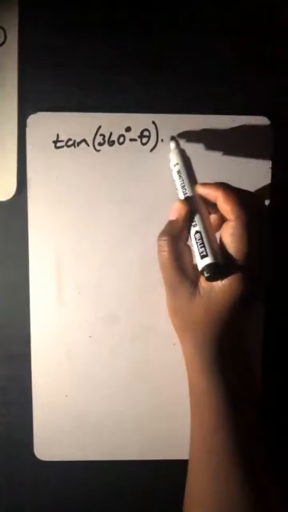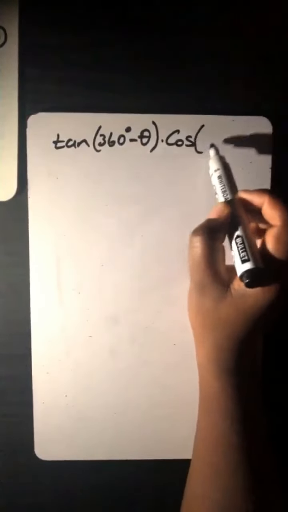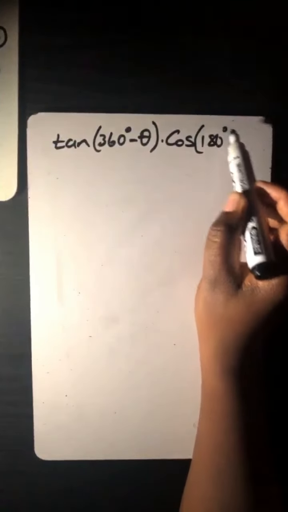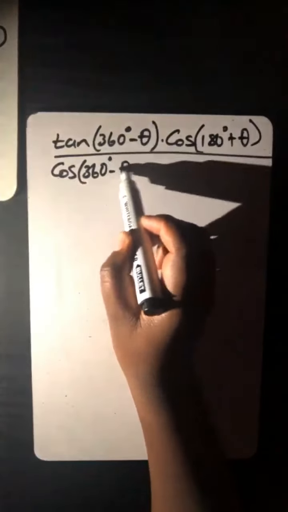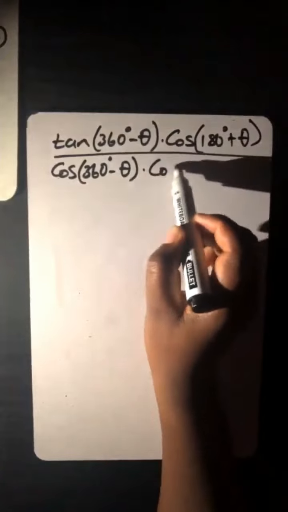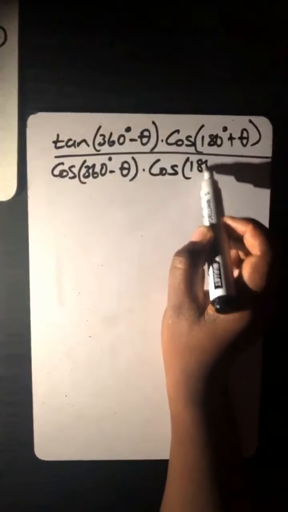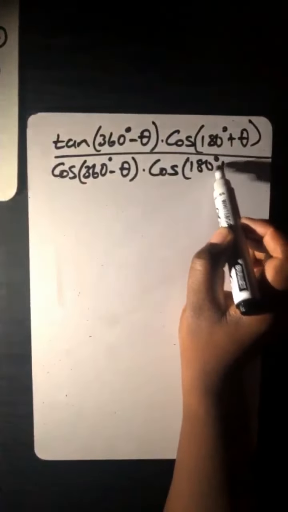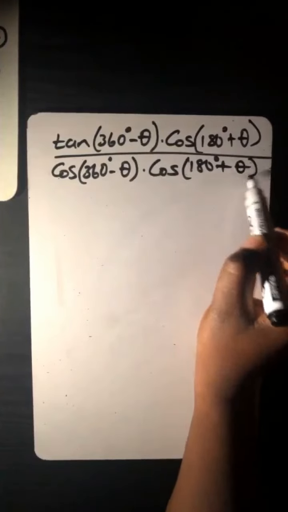The other problem we've got, what is it? Is tan of 360 degrees minus that angle multiplied by cos of 180 degrees plus that angle there, all of that divided by cos of 360 degrees minus that multiplied by cos of 180 degrees plus an angle.